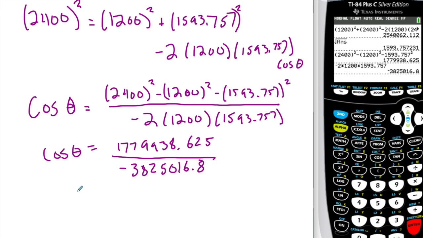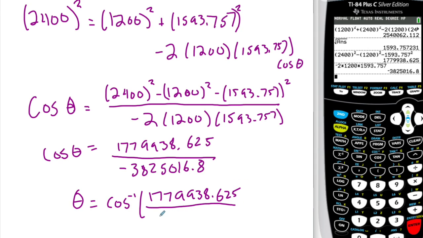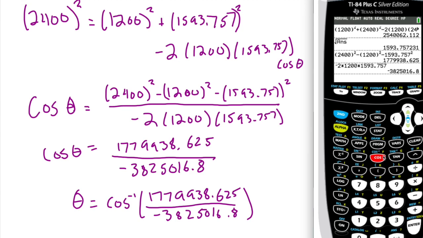So what I need now is to take the inverse cosine, because if you want an angle, you always do the inverse. So 177,938 and 625 thousandths over negative 3,825,016 and 8 tenths.